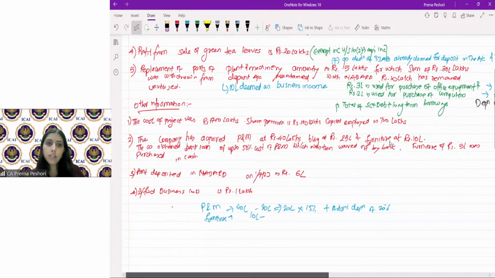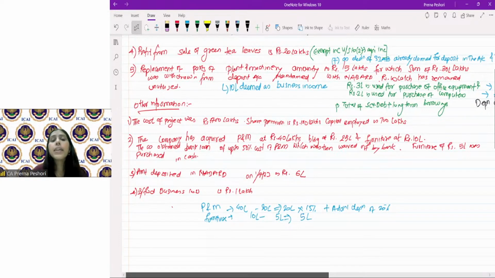For furniture, it will be 10 lakh minus 5 lakh in cash. So only on 5 lakh, again at 10%. Are we getting that? How do you get that the cash amount is not to be considered as the cost of acquisition?